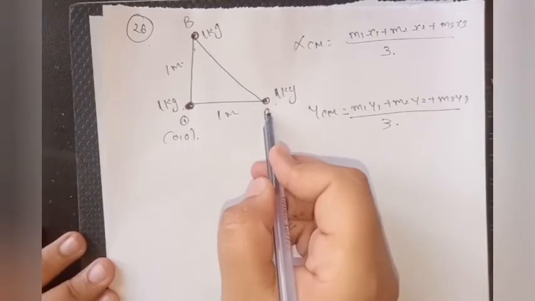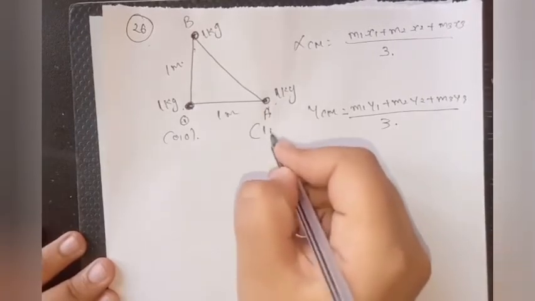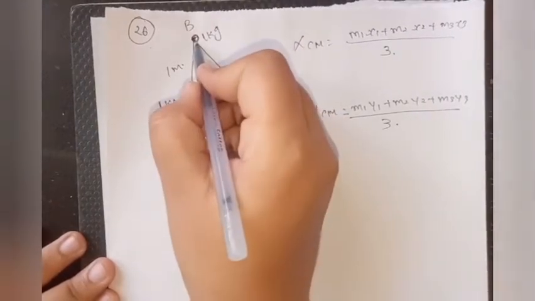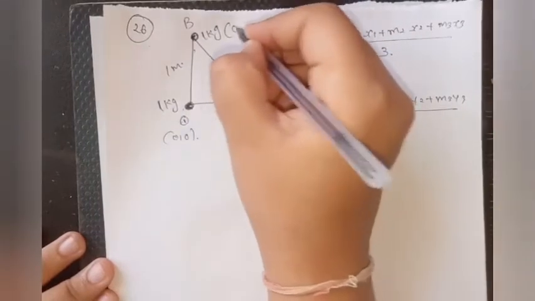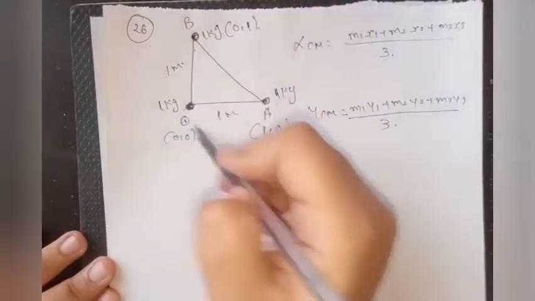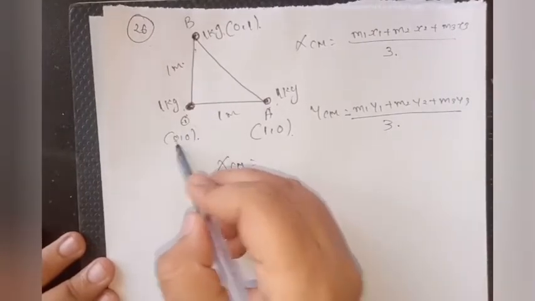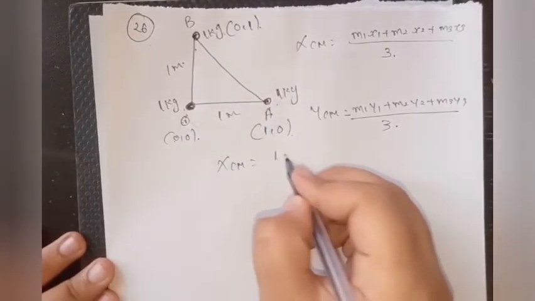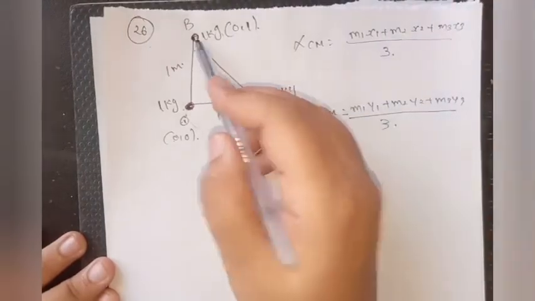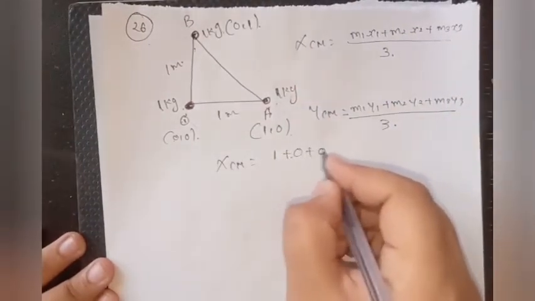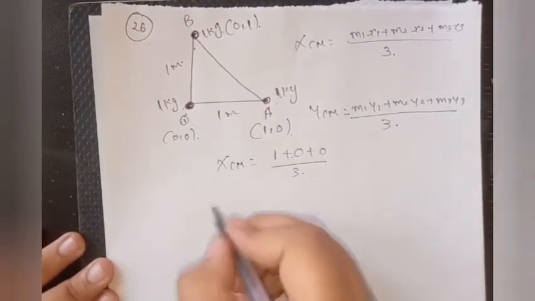A is on x-axis, so its coordinate will be (1, 0), and B is on y-axis, so its coordinate will be (0, 1). Put this value in this equation. XCM will be (0 + 1 + 0) divided by total mass 3.